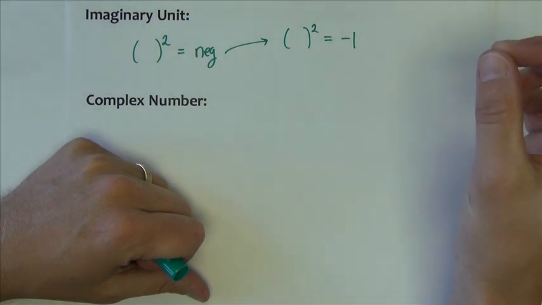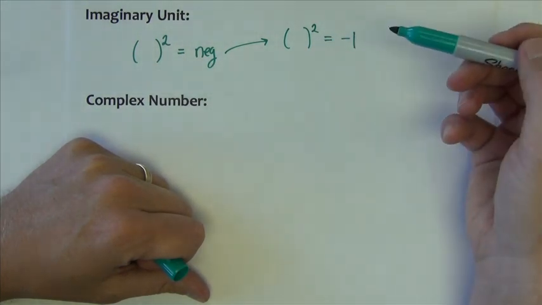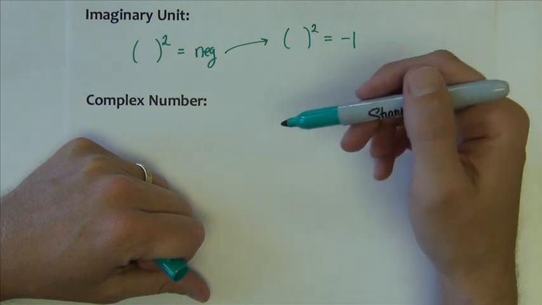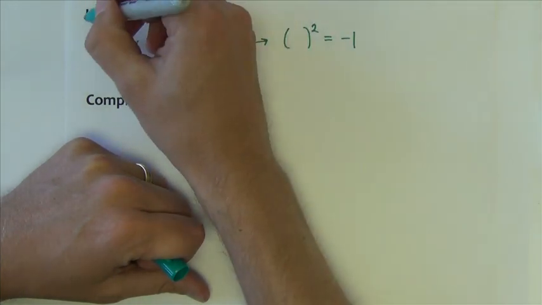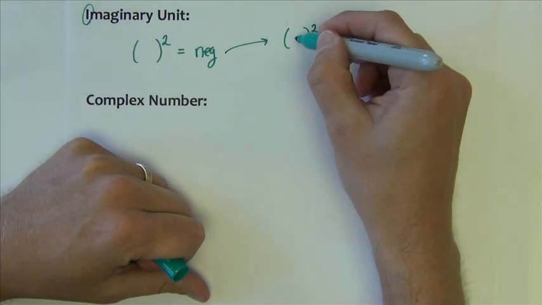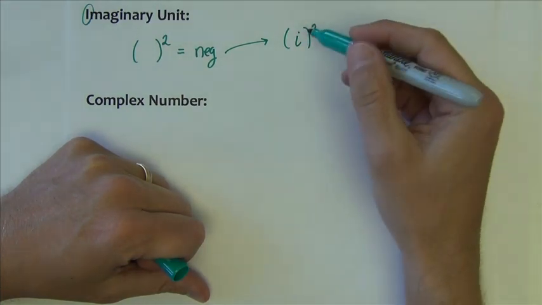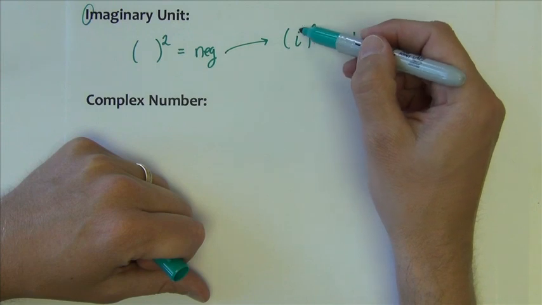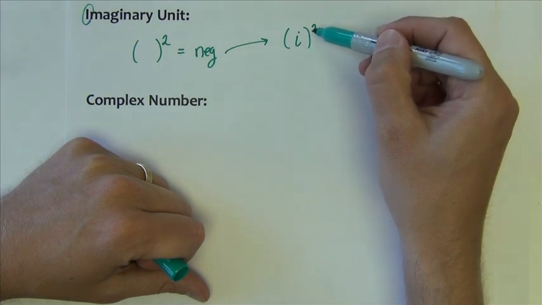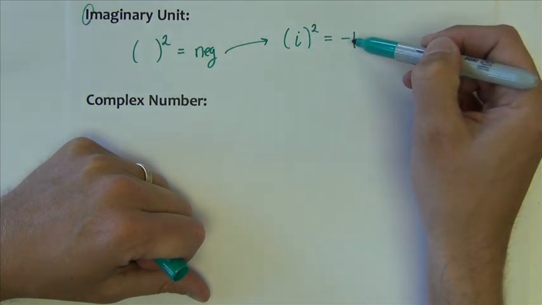Since we don't have a number that does that, we just make one up. We imagine one, and we use the letter i to represent this imaginary number. This new number i has the property that when I square it, it becomes -1.